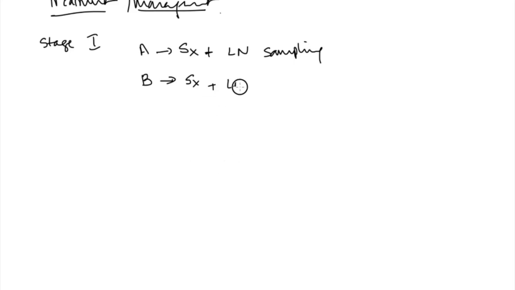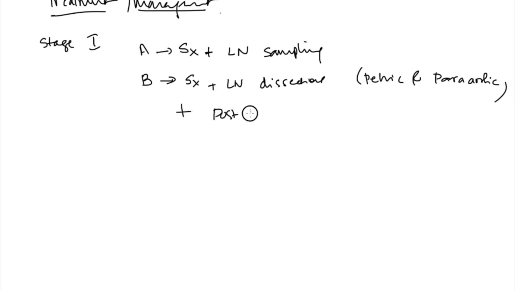But here you're going to do lymph node dissection. Which lymph nodes are we going to take out here? They're pelvic and para-aortic. Okay, fine. Following this, we have to do a post-op radiotherapy. Very important. You will have to do a post-operative radiotherapy.